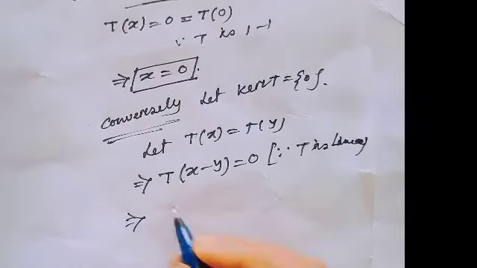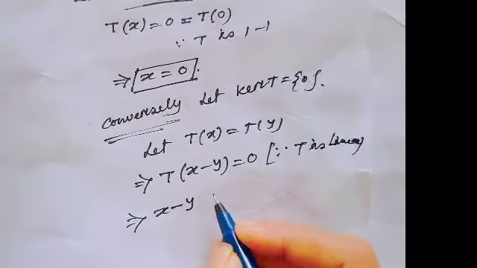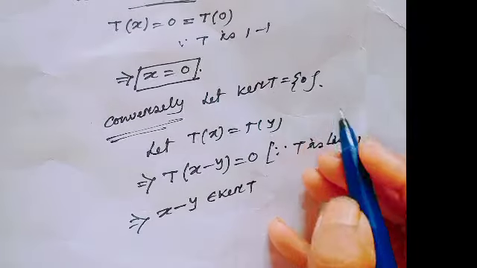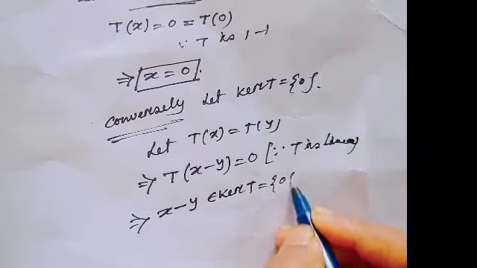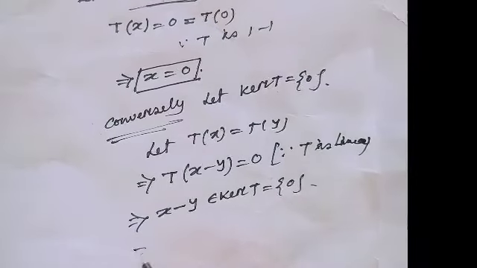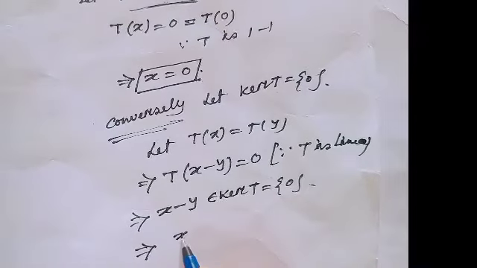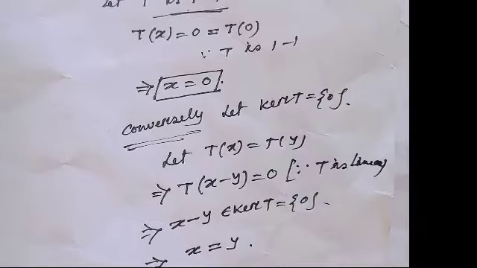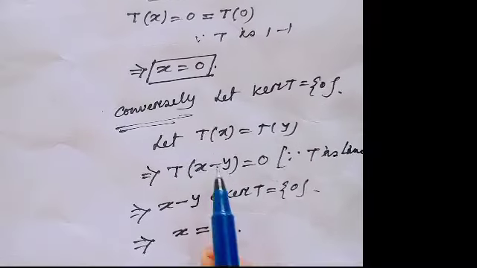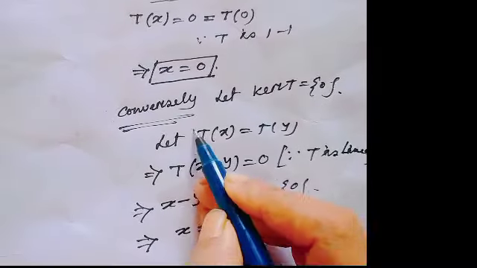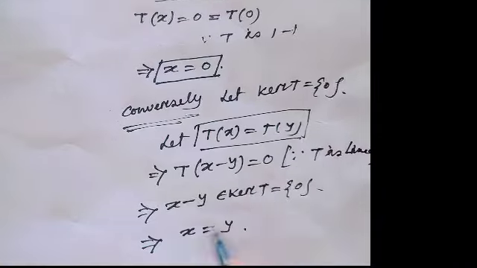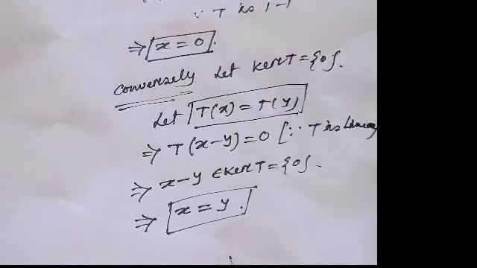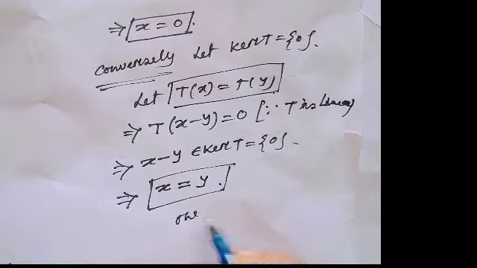That implies x minus y belongs to kernel T, and since kernel T contains only {0}, from this expression we can tell x equals y. Are we getting the proof? Therefore, since I considered Tx equals Ty and got x equals y, this transformation is obviously 1-1.